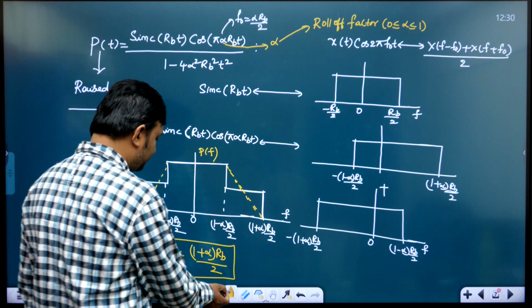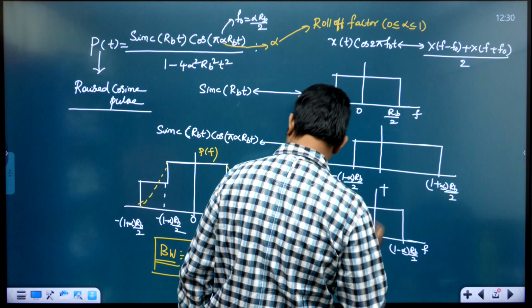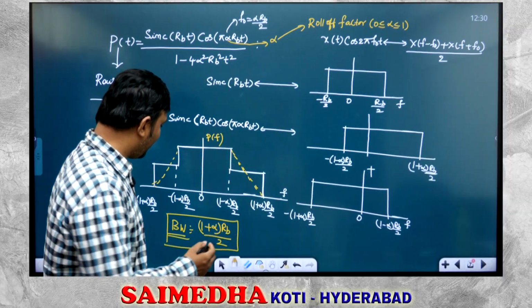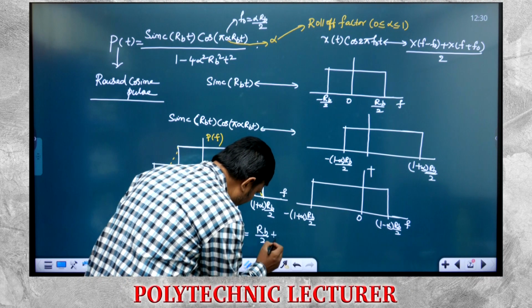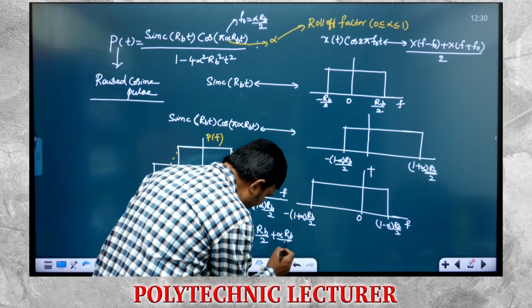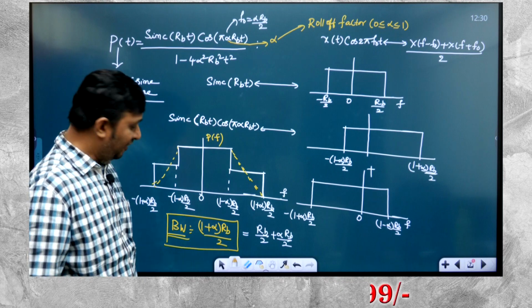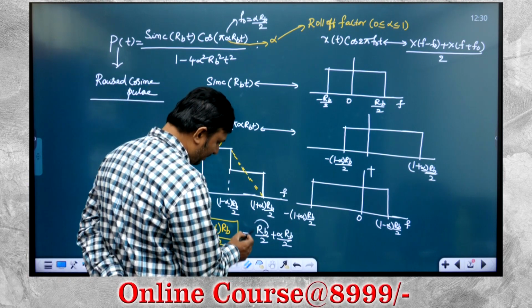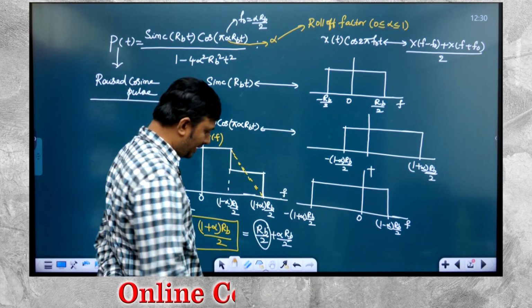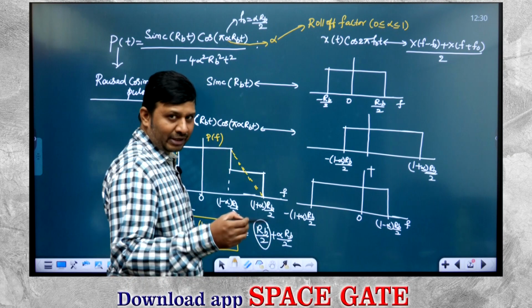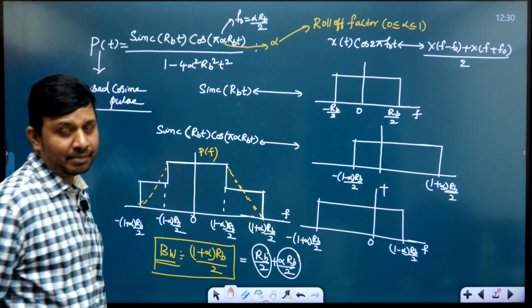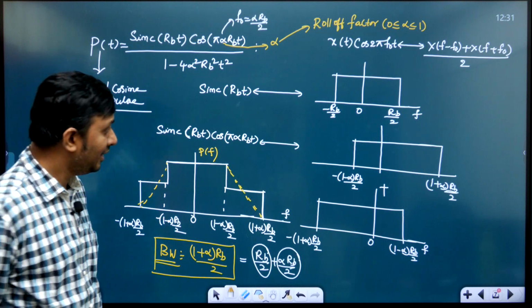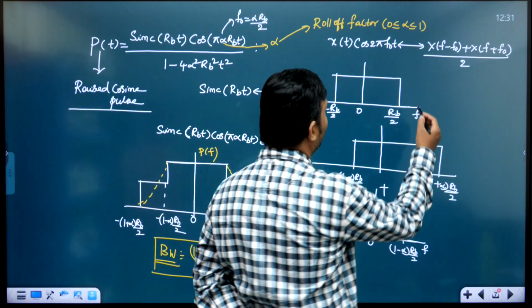Here, RB by 2 into 1 plus alpha can be written as RB by 2 plus alpha RB by 2. If I am using only a sinc pulse, RB by 2 is the bandwidth. If I use a raised cosine pulse, alpha RB by 2 is the excess bandwidth.